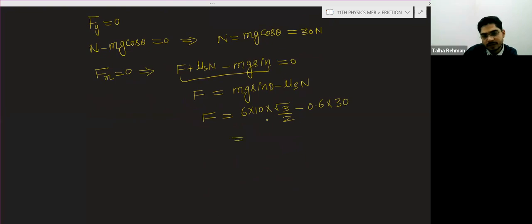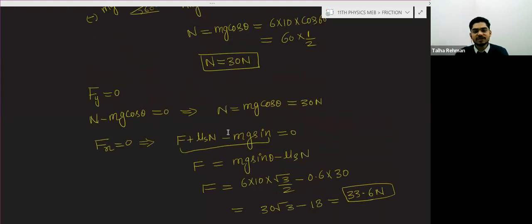Again you will get 60 times root 3 over 2, which is 30 root 3, minus 18. So you will get the same answer. What is the answer? 33.6 Newton. I have told you these things earlier, so I am not wasting time. With time we have to modify our calculation also.